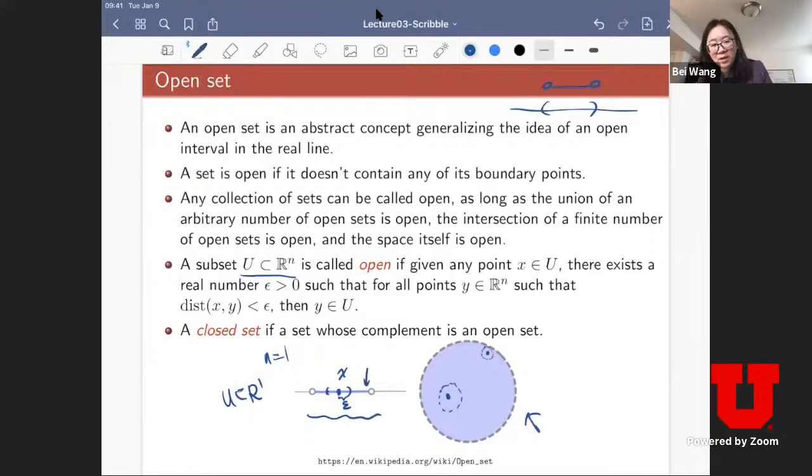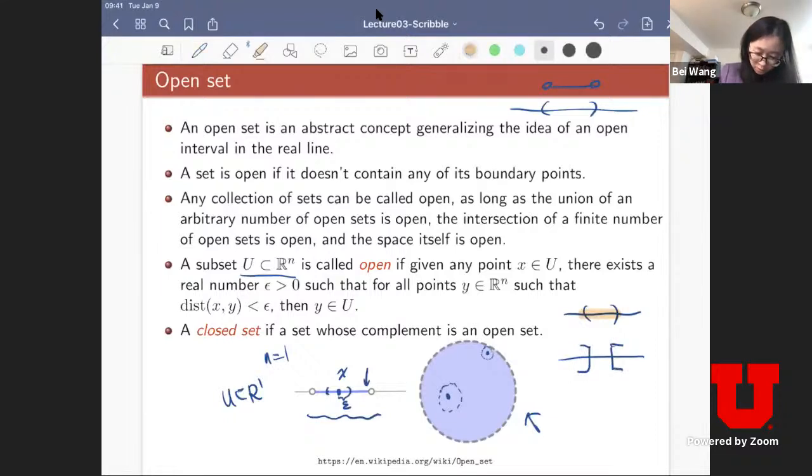And then of course, a closed set is a set whose complement is an open set. So what is a complement? The complement is everything outside of it. For example, the complement of the open set here is everything I drew in green, which includes the boundary points.